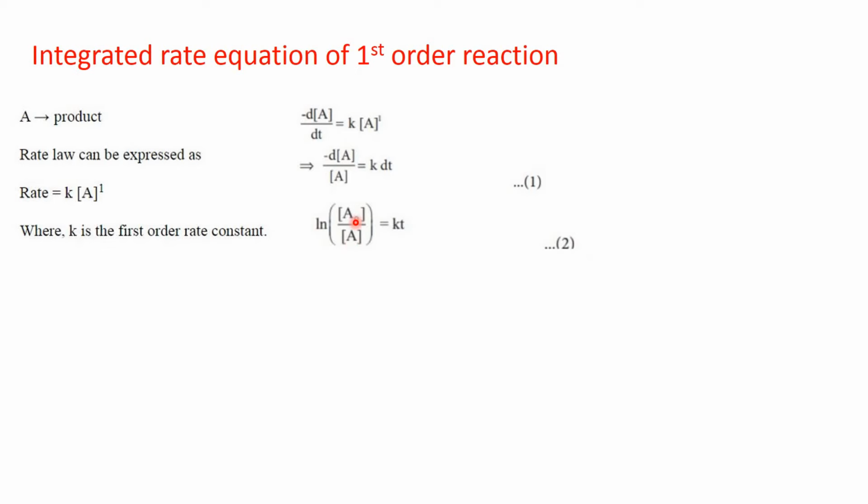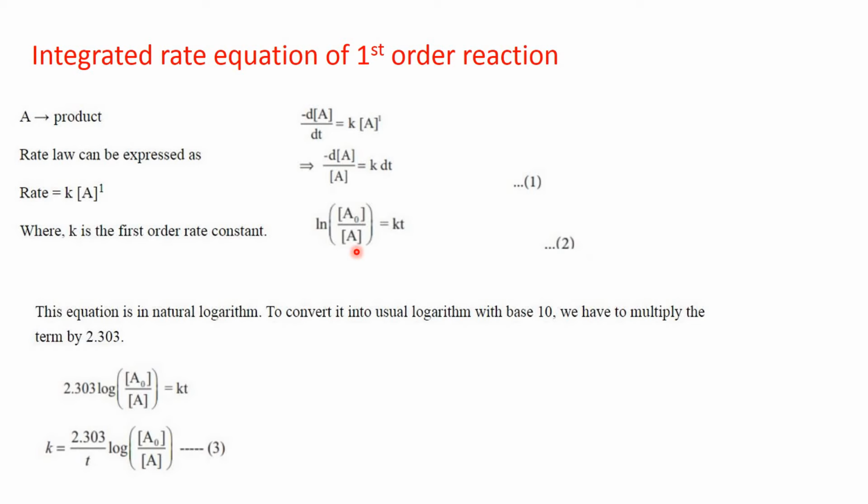Sometimes we express [A]0 in terms of small a, and [A] in terms of a minus x, where x is the concentration of the product formed at time t. If you want to convert ln to log base 10, you have to multiply by 2.303.